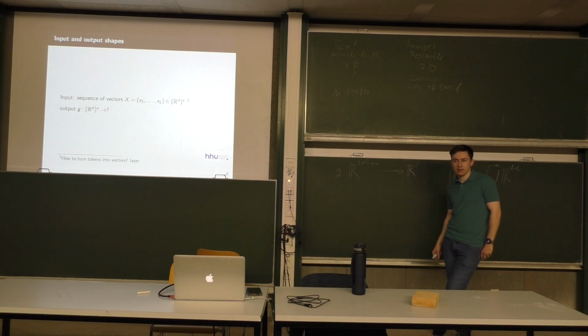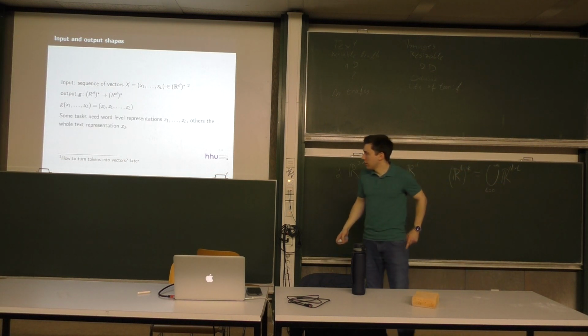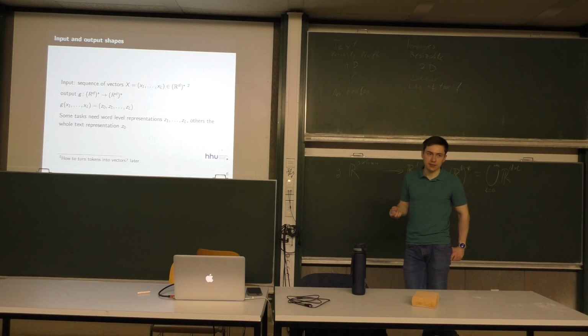Things like named entity recognition are token level tasks, where you want to predict which tokens exactly refer to which entity. If you have only one vector as a representation, this is very difficult, basically impossible. So that's why we want the output also to be a sequence of vectors.